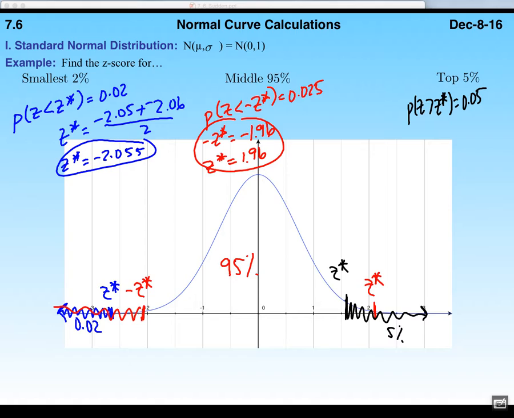Look up 95%. If z is greater than z star 5% of the time, that means z is less than z star 95% of the time. So greater 5%, lower 95%. Then you find 0.95.